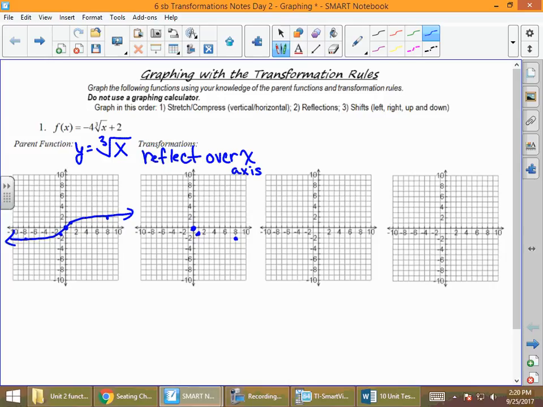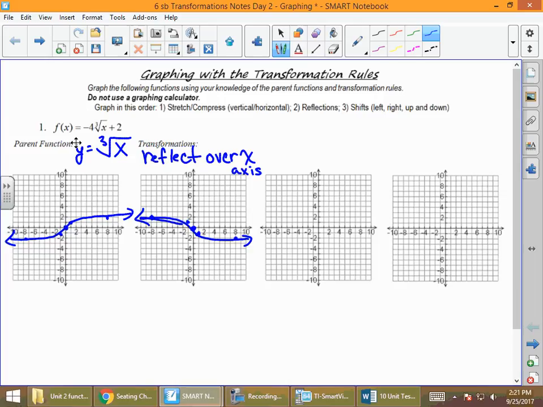Negative 1 is going to reflect over the x-axis, and now it's going to be at negative 1, positive 1. And negative 8, negative 2 is now going to be at negative 8, positive 2, because it reflected over the x-axis.